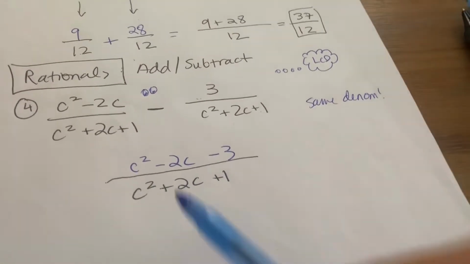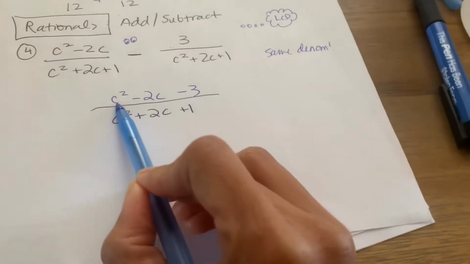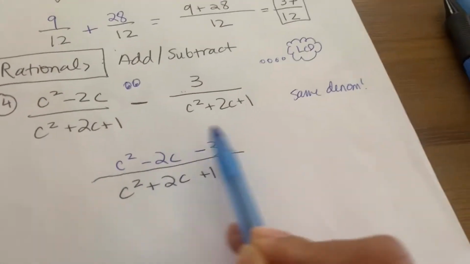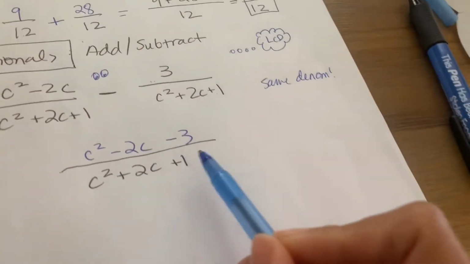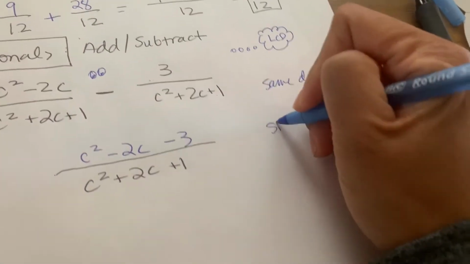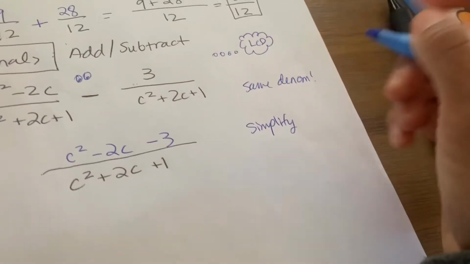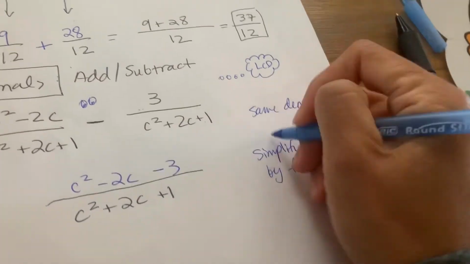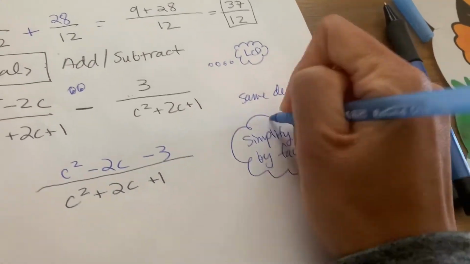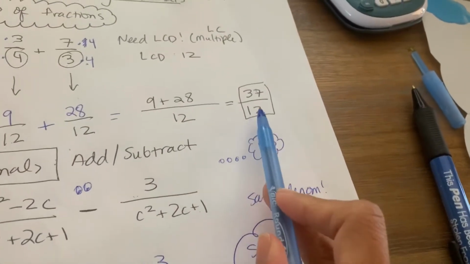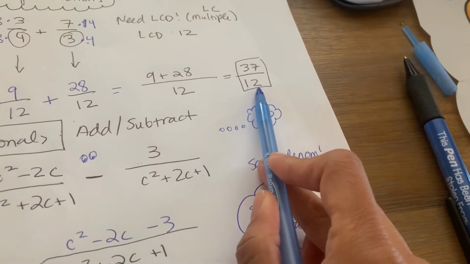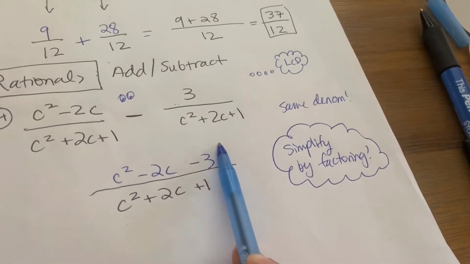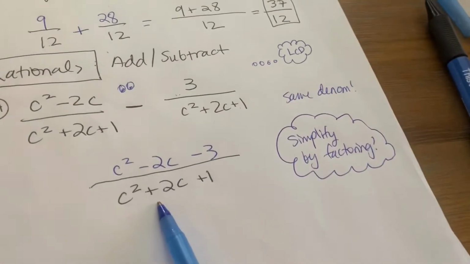But I notice this is a quadratic with 3 terms. So I'm wondering, can I simplify this fraction more by factoring? Whenever we get a fraction, we always need to write it in lowest terms. So can I factor this, and if I can, can anything cancel out with the bottom?